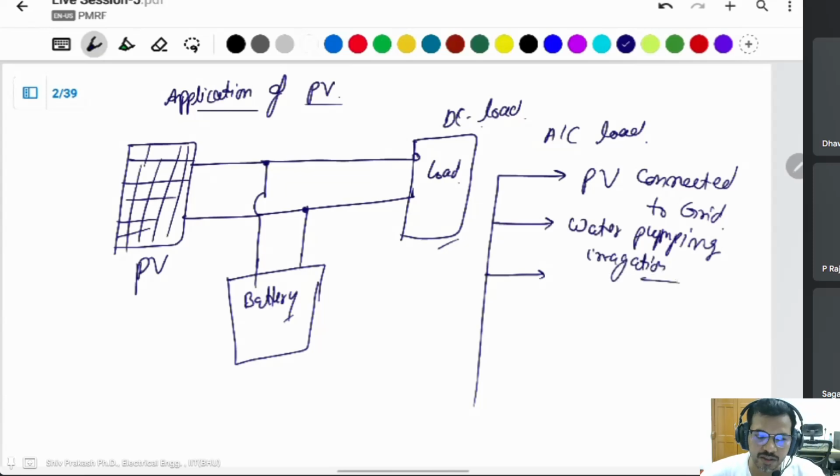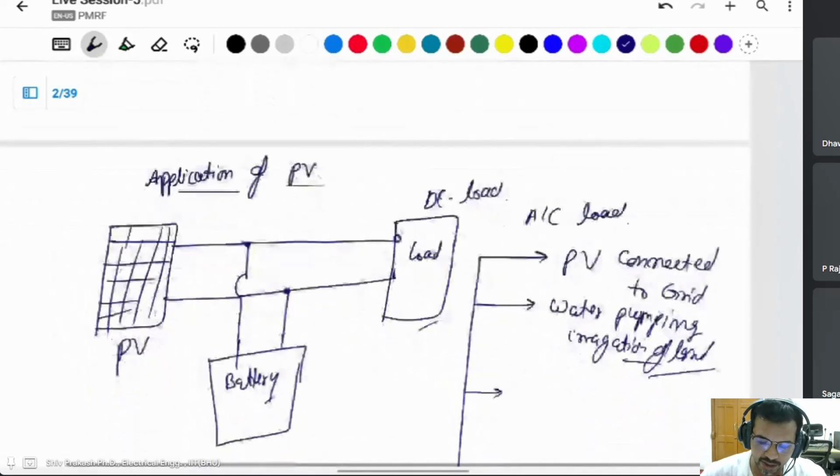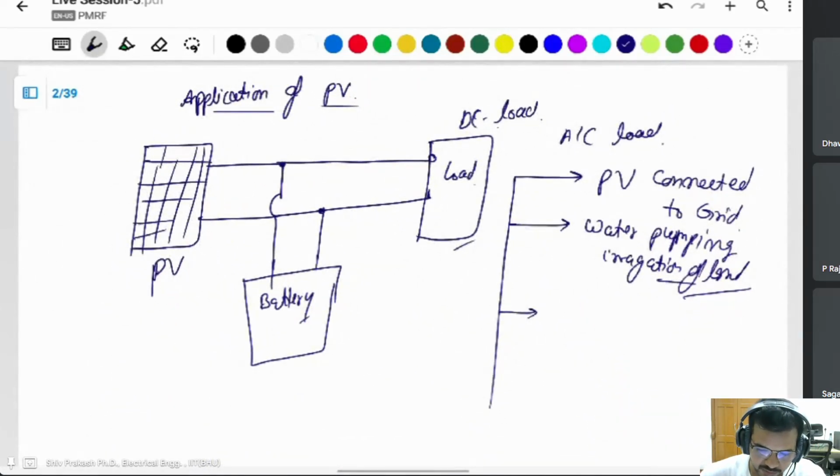It is used by farmers mostly for irrigation of the land for wheat, vegetables, and a lot of other things. There is a need for water supply. Then you can use the PV panel directly connected to a DC motor, which will rotate and give water from the borewell and other sources. You can use it directly by using a simple converter.